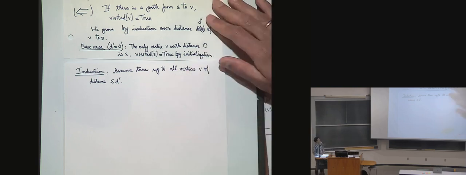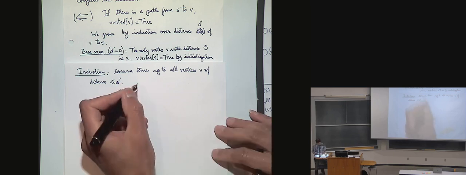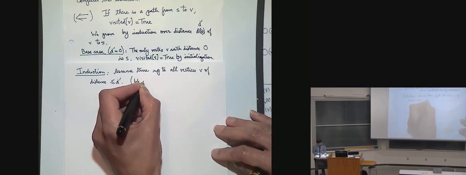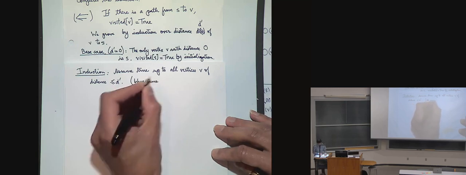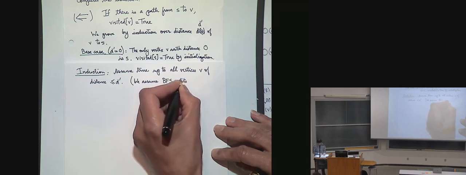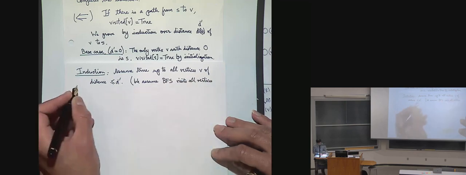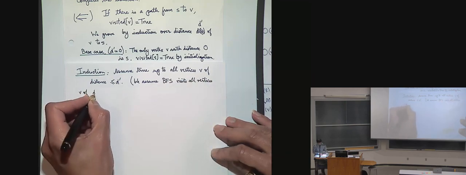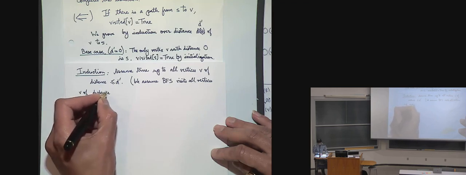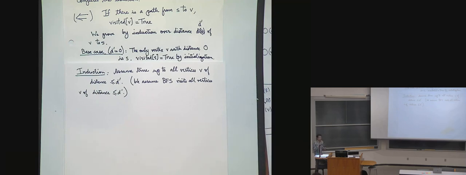It's saying that what we're assuming is that BFS is going to visit all vertices whose distance is at most D prime. This is just saying that we assume that BFS visits all vertices V of distance at most D prime. Now we need to argue.